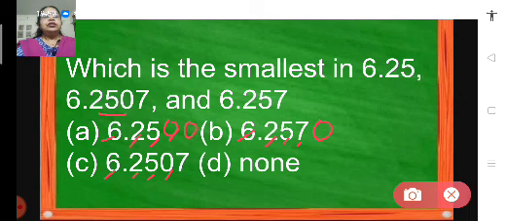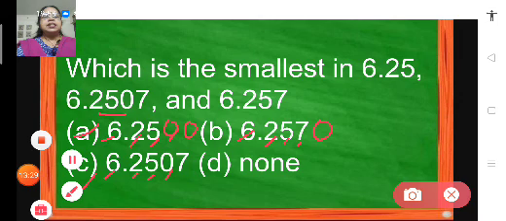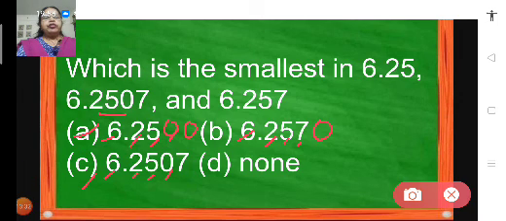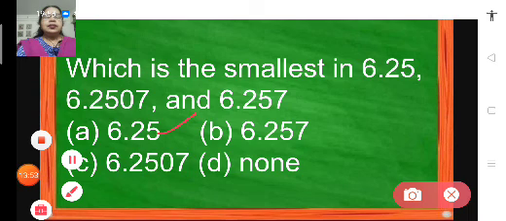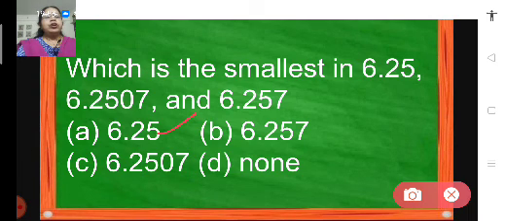Here we have these two numbers A and C, where the thousandths places are equal. So we move on to the next place, the ten-thousandths place. Here we compare 7 and 0, isn't it? Obviously 0 is smaller, isn't it? So the first one, 6.25 or 6.2500, is the smallest number.